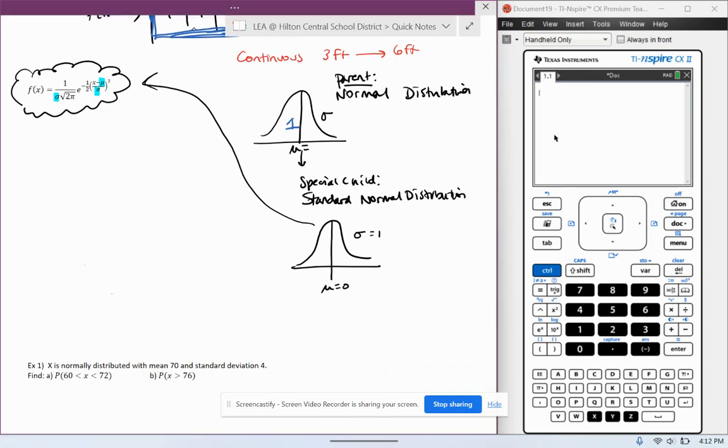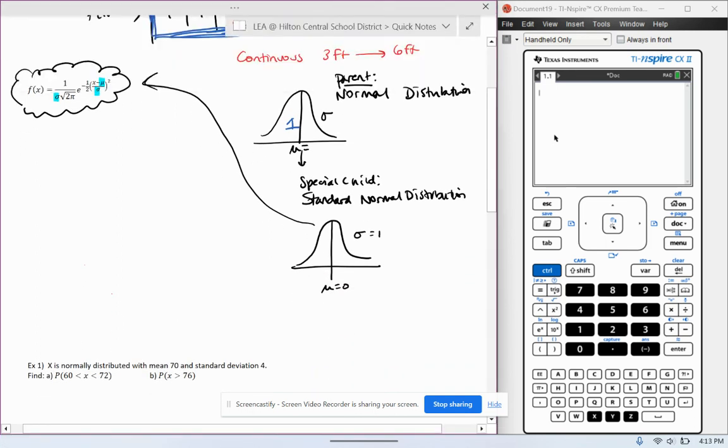Well, in this family of functions that generate the normal distribution, some statisticians crunched these numbers and said, if we took the integral of this and found the area under the curve, because that's what an integral does, we would find that all of those probabilities add up to 1.